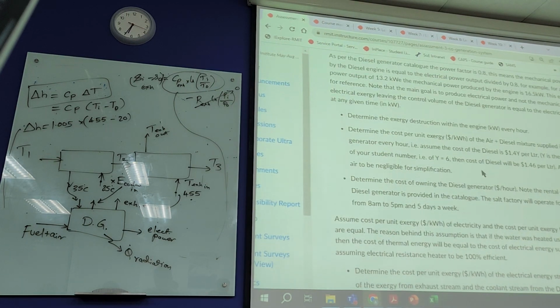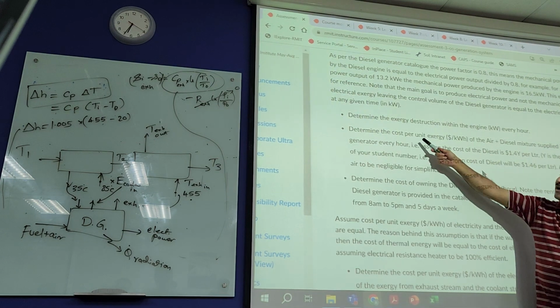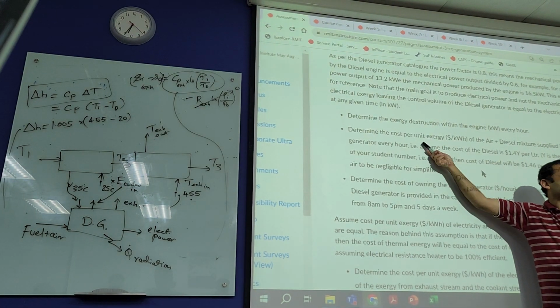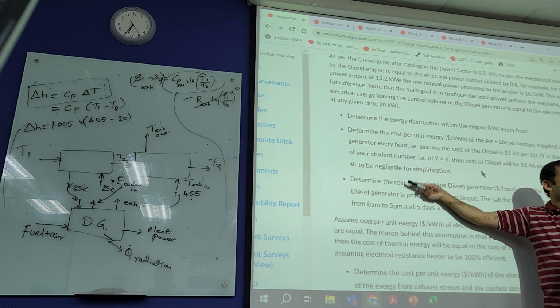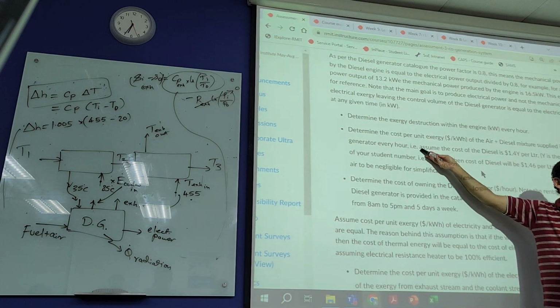Basically, you find destruction, then you find the cost. Costing will be easy. It's not that difficult costing-wise. Maybe have a look at the week 9 lecture notes for costing.